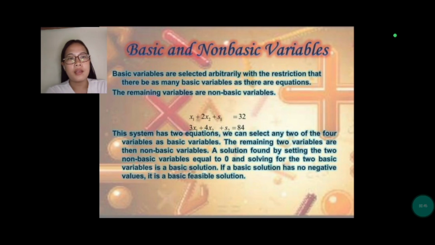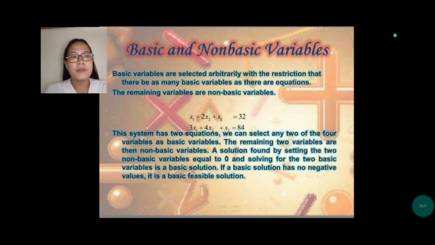For example, x1 + 2x2 + s1 = 32 and 3x1 + 4x2 + s2 = 34. This system has two equations. We can select any 2 of the 4 variables as basic variables.